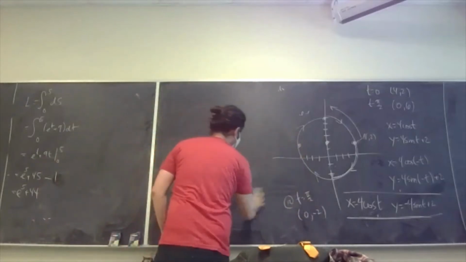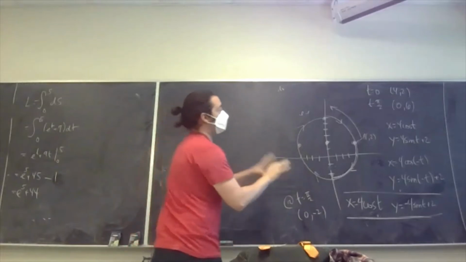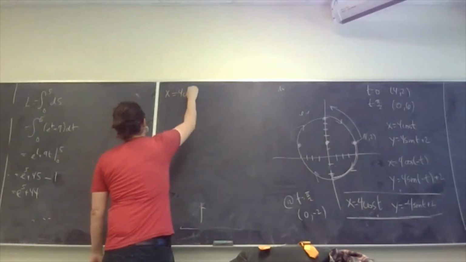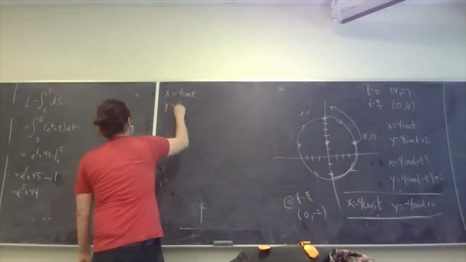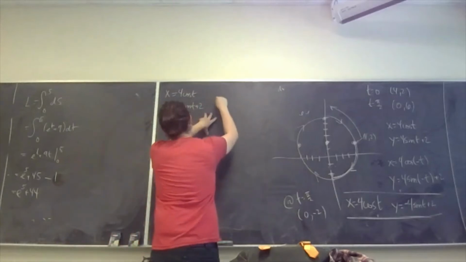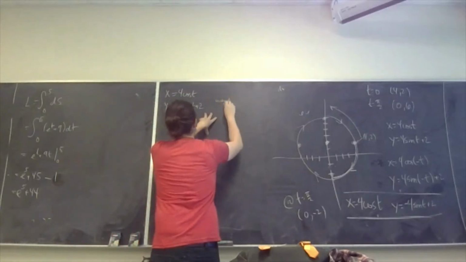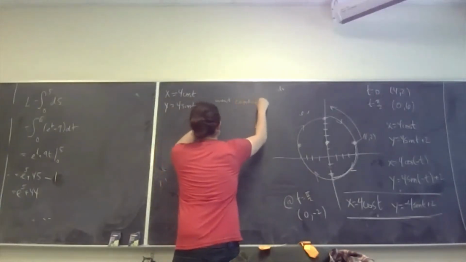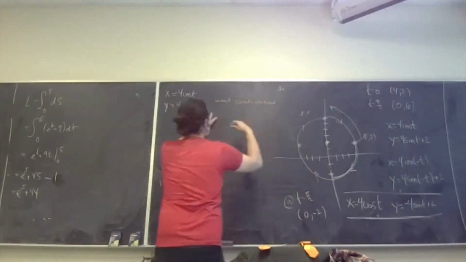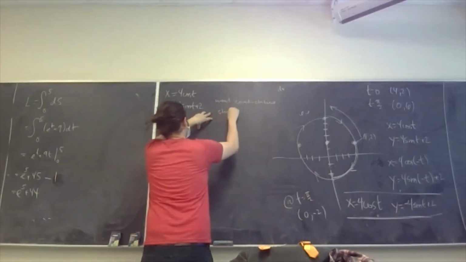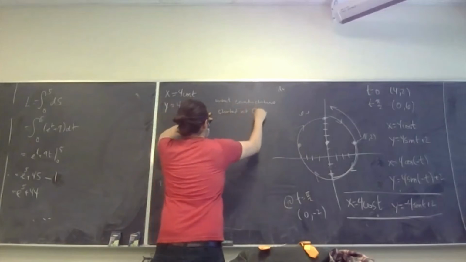So as our base equations here, here's what we know right now. We have this case where x is equal to 4 cosine t and y is equal to 4 sine t plus 2. This particular one went counterclockwise, and it started at 4, 2.